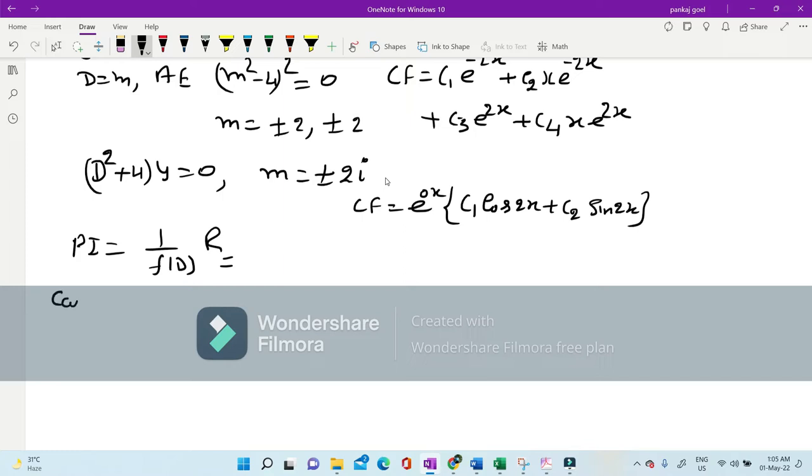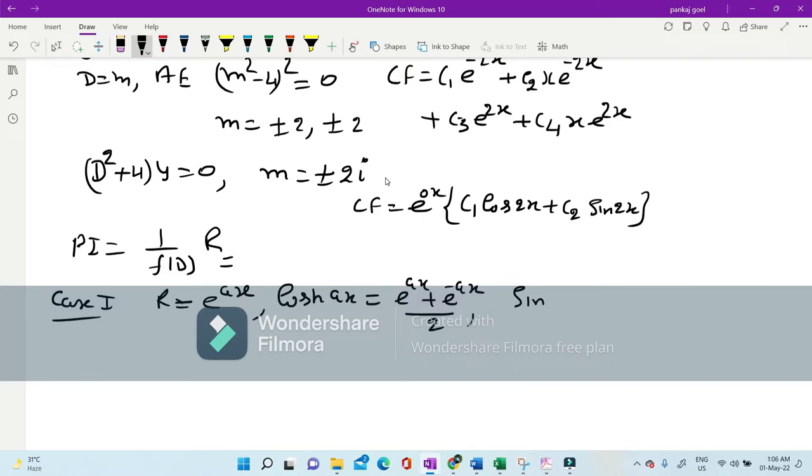Case 1: let us suppose r = e^(ax). The same type of question may be there like cosh ax, which can be written as (e^(ax) + e^(-ax))/2.